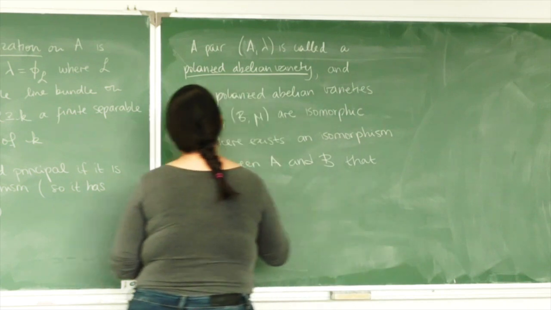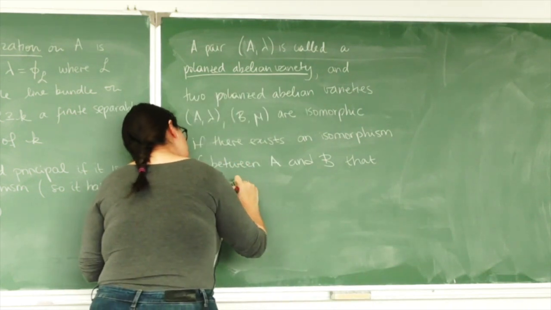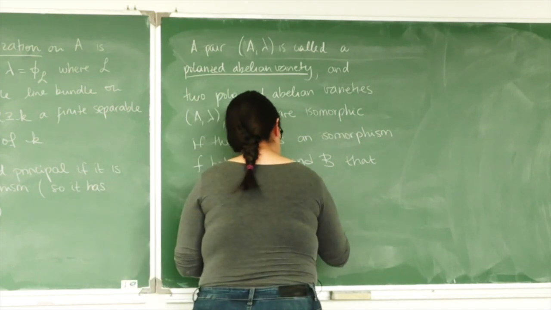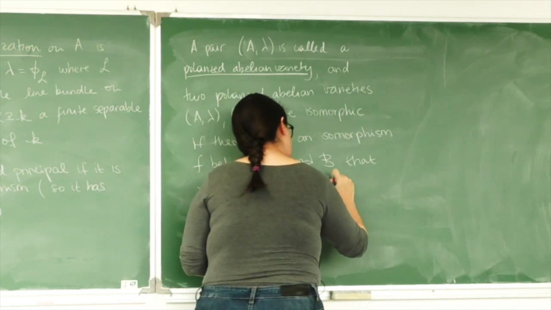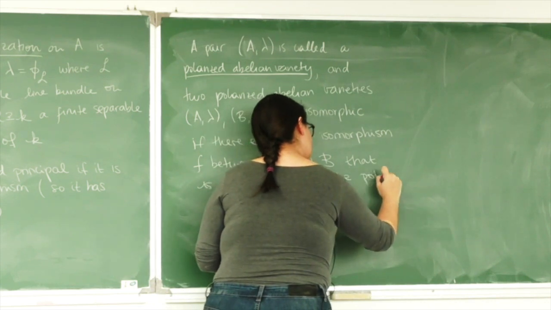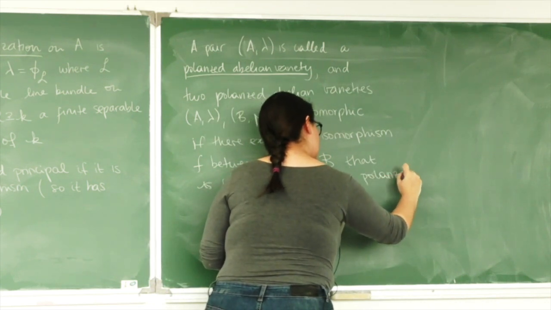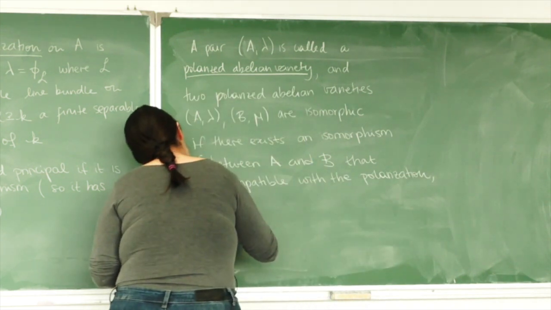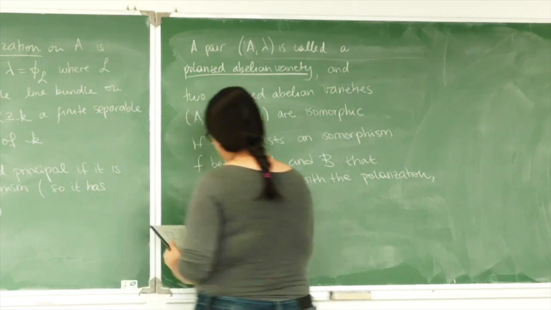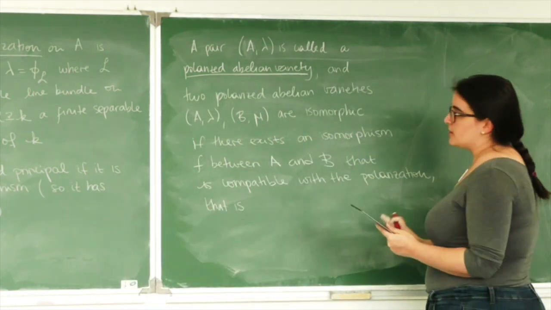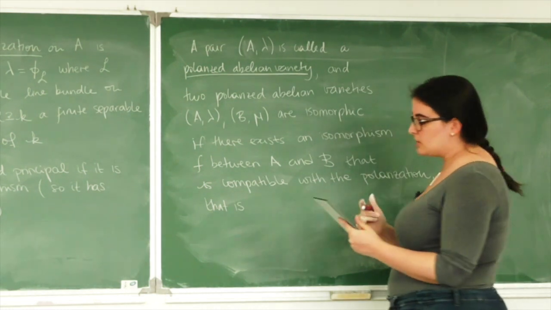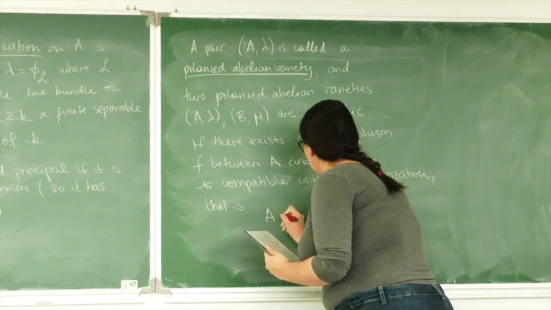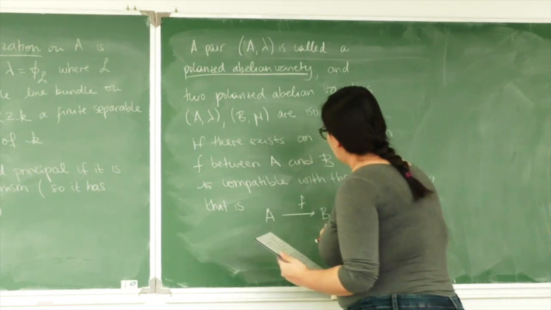that is compatible with the polarization, that is, and let me draw the following condition as a diagram because I think it's more visual and it will help you. We have here A and B. Here we have the isomorphism.